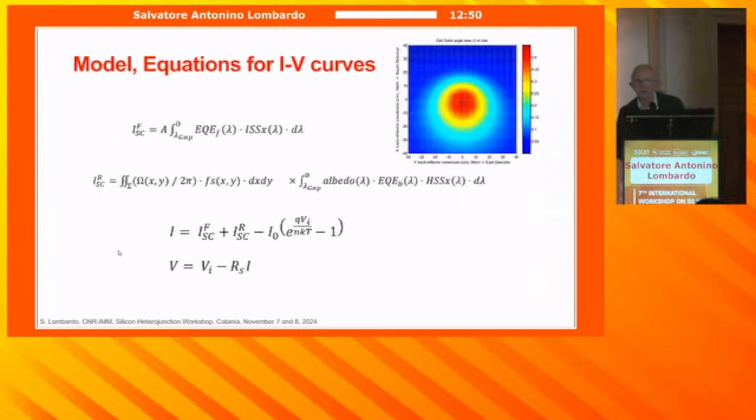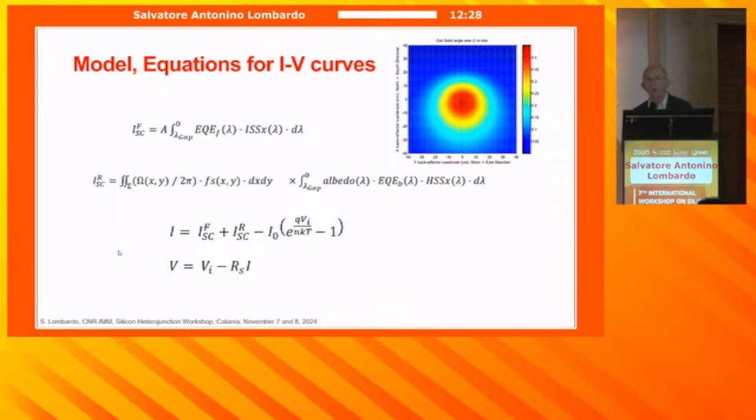So let's describe the model very briefly. The first point is to calculate the photocurrent, starting from the single cell. The idea is to make a convolution of the quantum efficiency of the cell with the impinging light from the front.